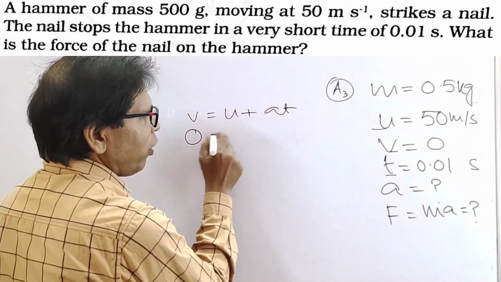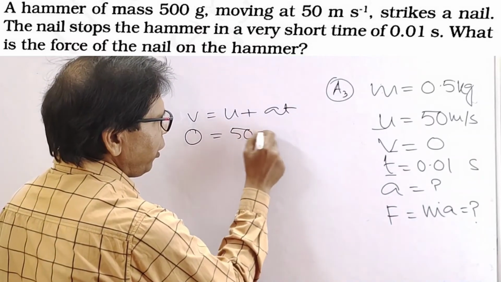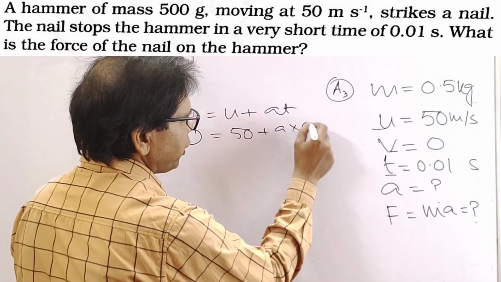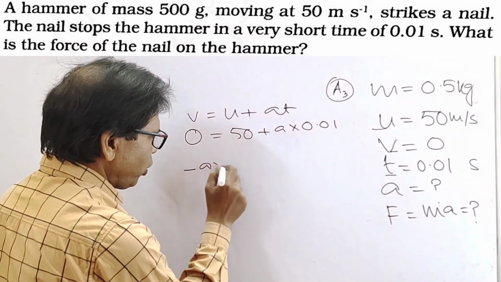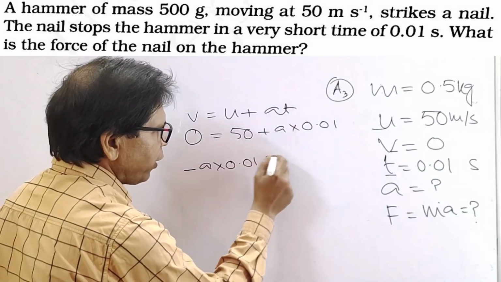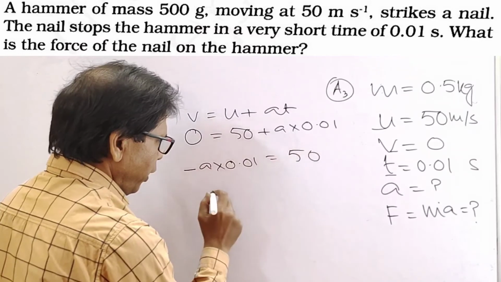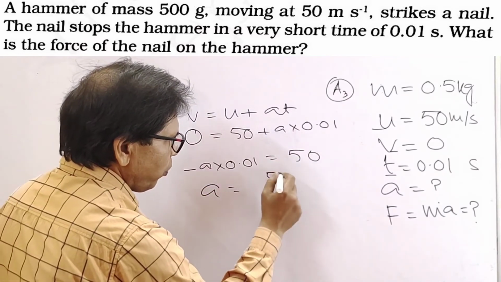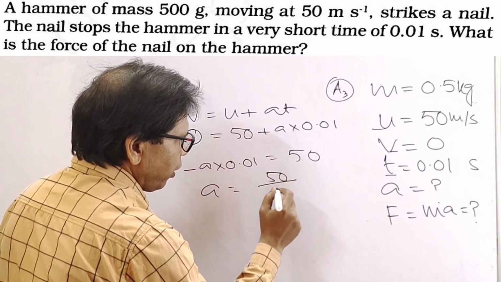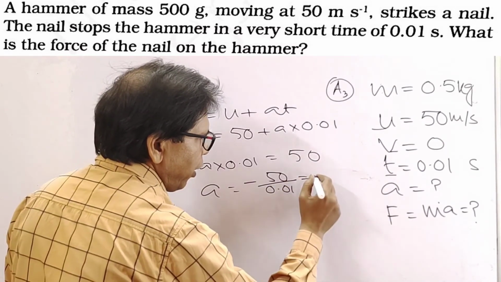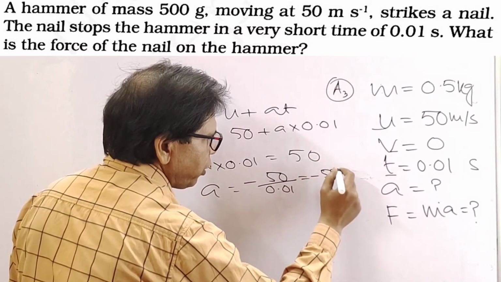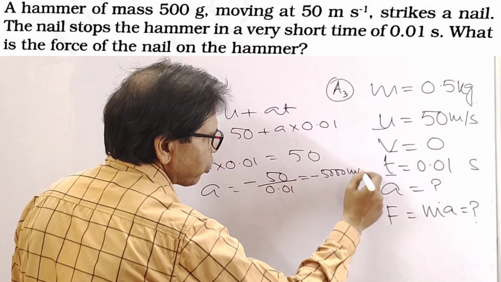This is 0 equal to 50 plus A into 0.01. Therefore minus A into 0.01 is equal to 50. Therefore A equals minus 50 by 0.01, which is minus 5000 meter per second square.